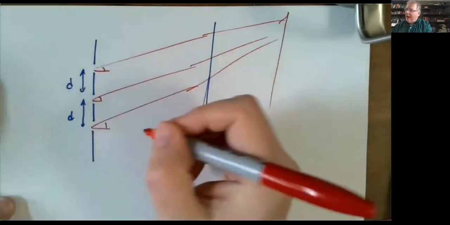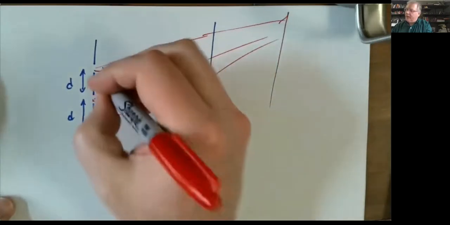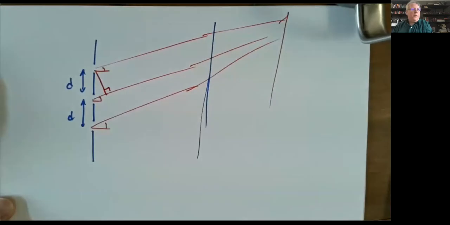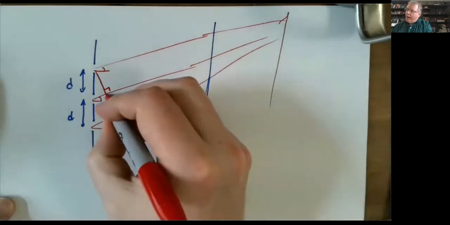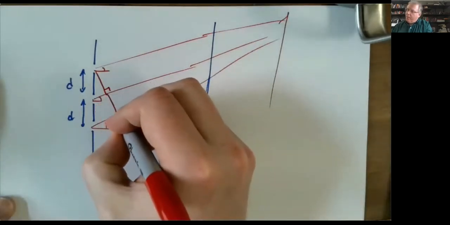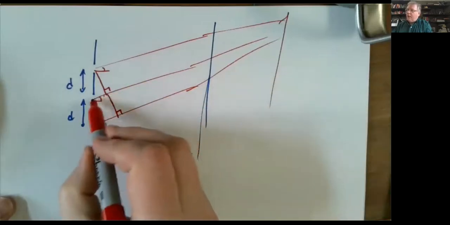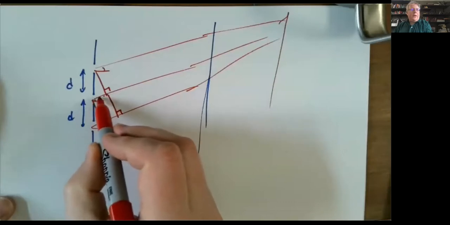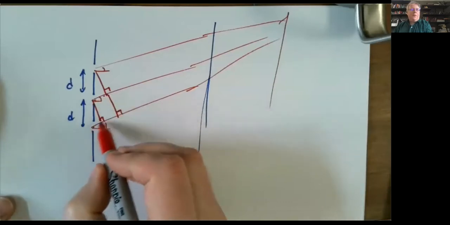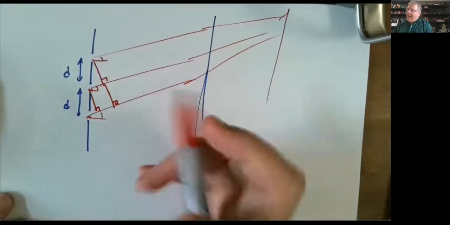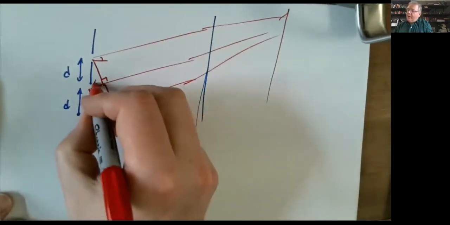And now we can think about how much further the second one goes, where we could draw our little right angle triangle again. And then we could draw another right angle triangle here and here. So this is how much further the second ray goes, and this is how much further the third ray goes, right?